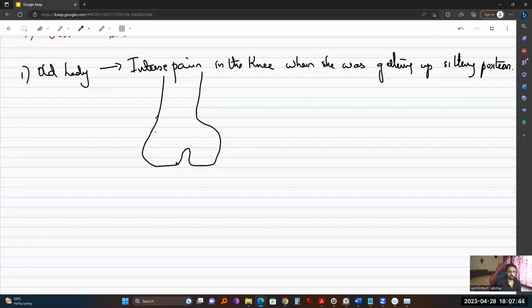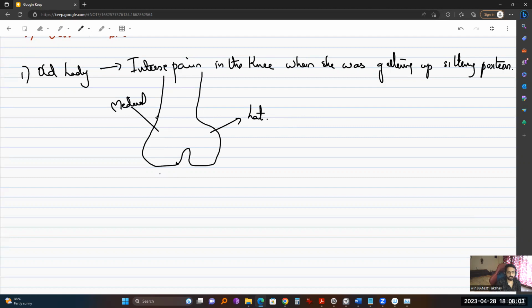Let's imagine this to be the femoral condyle. This is the medial femoral condyle, and this is the lateral femoral condyle.